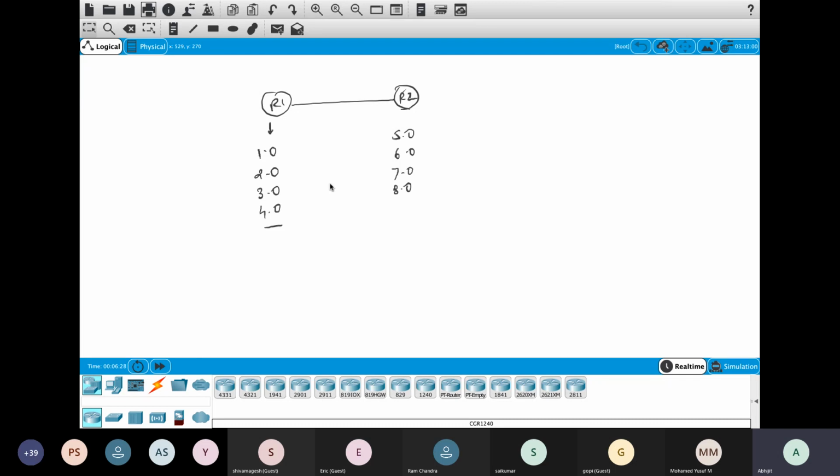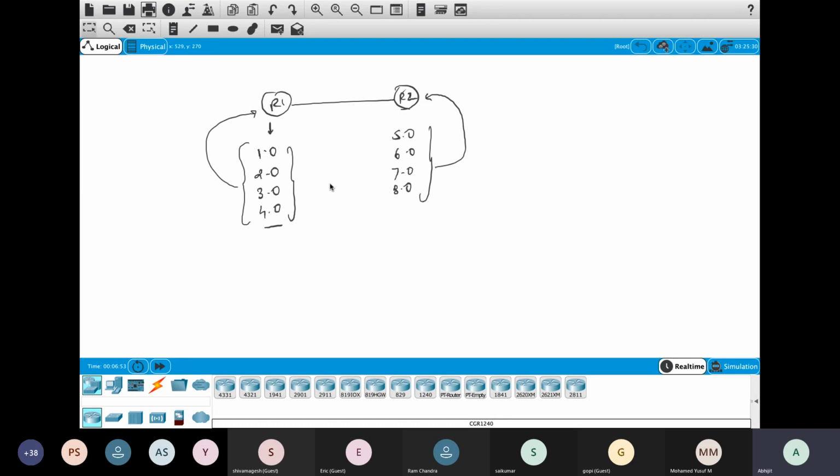These are the directly connected networks of your routers. So in dynamic routing, you are not going to add the indirectly connected routes. What you are going to do is advertise the directly connected routes to the neighbors, or to the routers present in the topology.